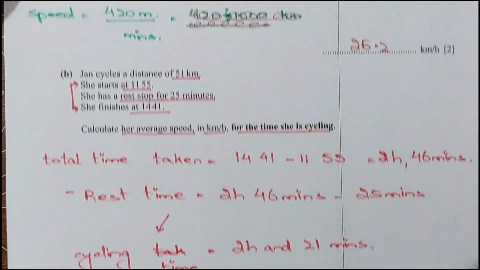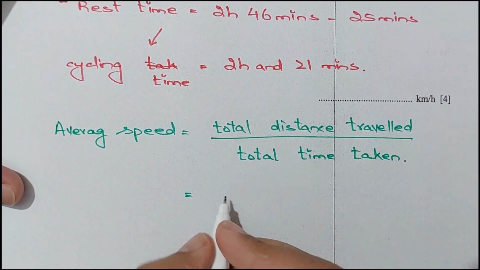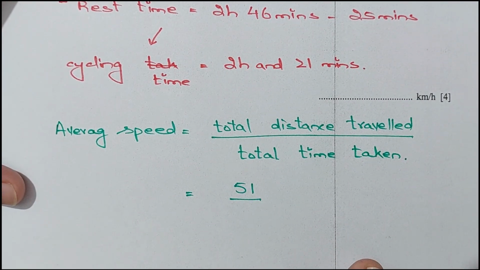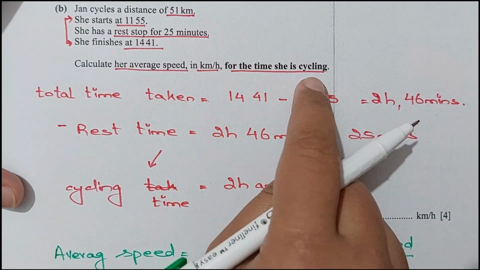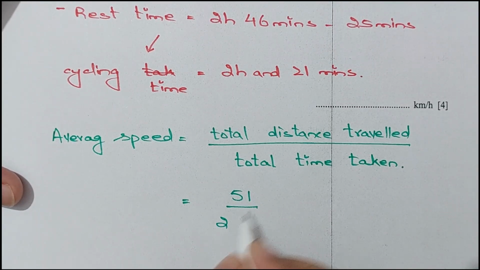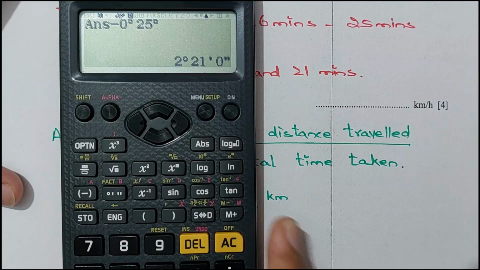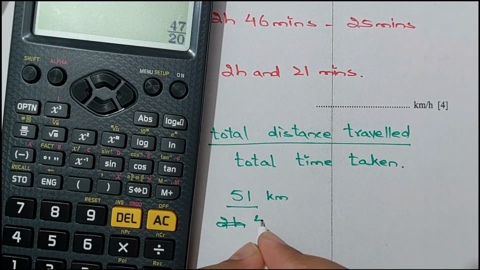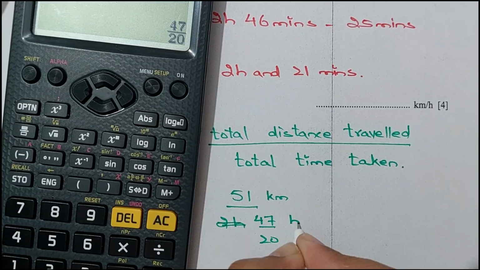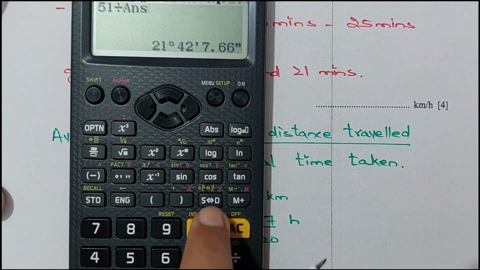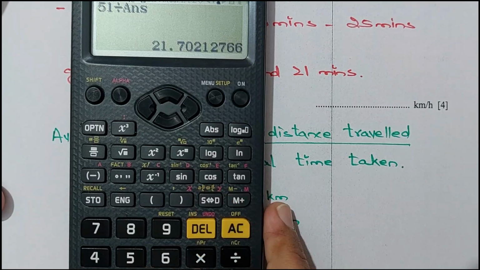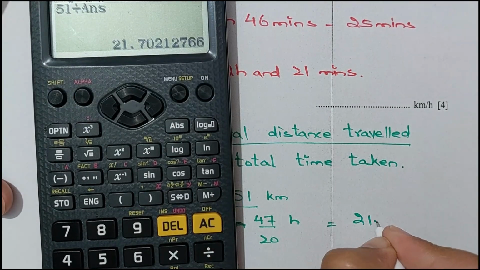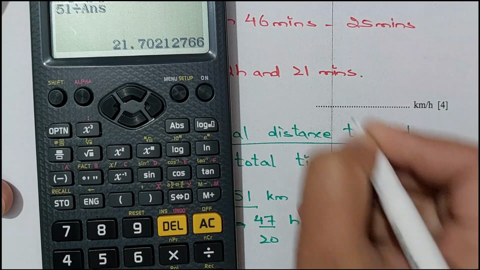Total distance traveled is 51 kilometers, and the total time taken for the time she's cycling is 2 hours and 21 minutes. We can say the time is 47 over 20 hours. 51 divided by that, the answer is 21.7 kilometers per hour.